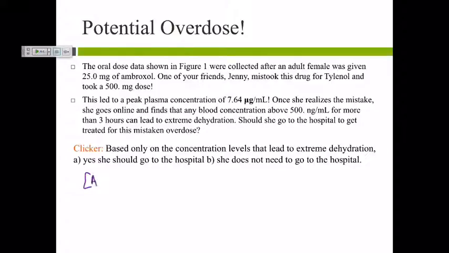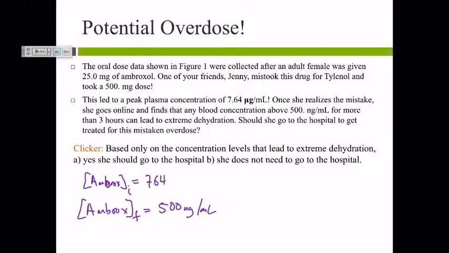So if we plug that in as the final concentration, and then add the initial 7,640, and then the constant, we can find the amount of time it would take to reach 500 nanograms. What do you guys think about that? Does that make sense?